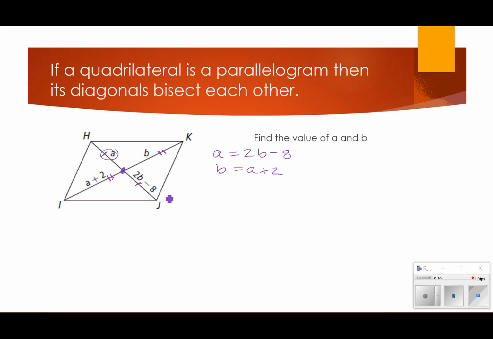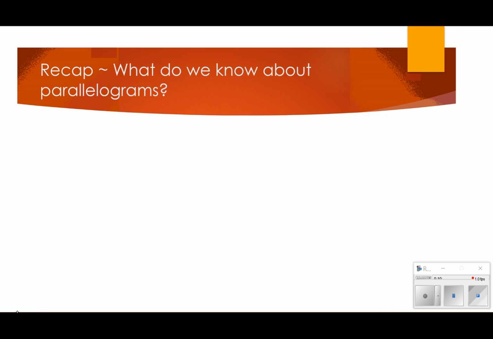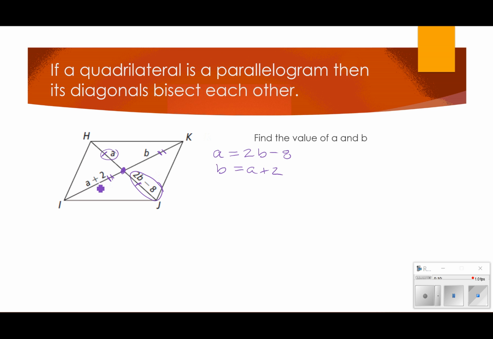So A is equal to 2B minus 8, and then this is congruent to this. So all I'm going to do is I'm going to use a system, because I've got A's and B's, and I'm going to sub that in for the B right there. So I'm going to get A equals 2 times (A plus 2) minus 8. And you guys know this is usually where I screw up, is my arithmetic.